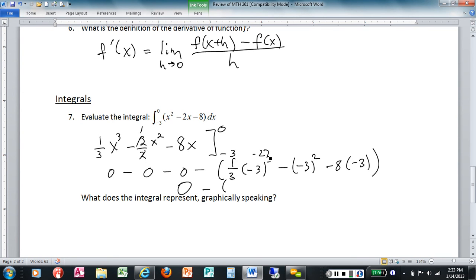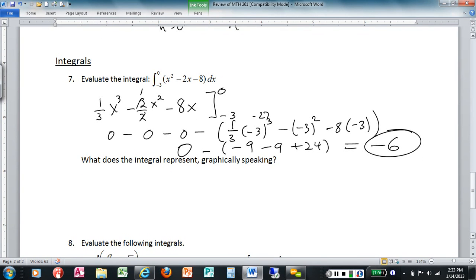So that's going to be what? -9. And then minus -9, or minus 9 again, plus 24. So I'm getting minus 18 plus 20, minus 6, or something along those lines.